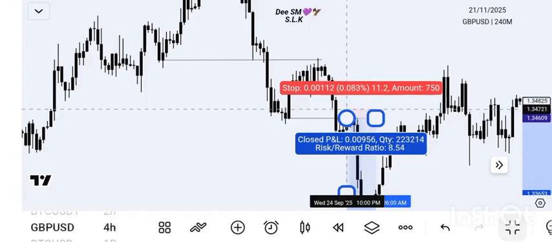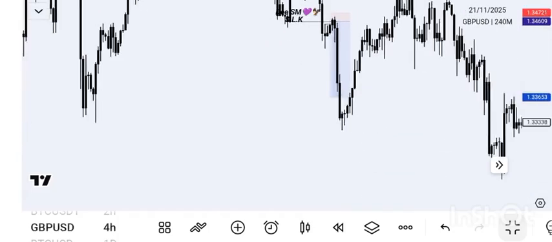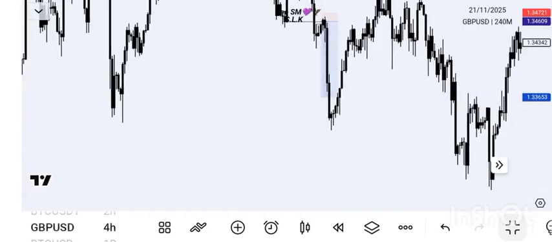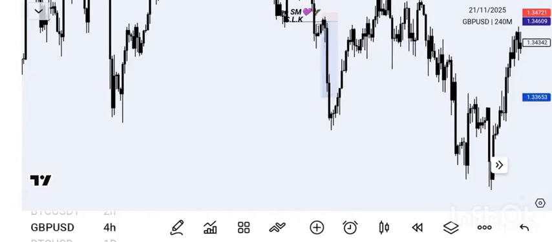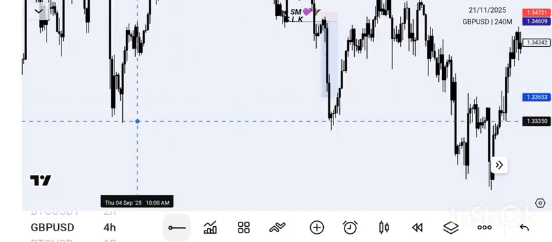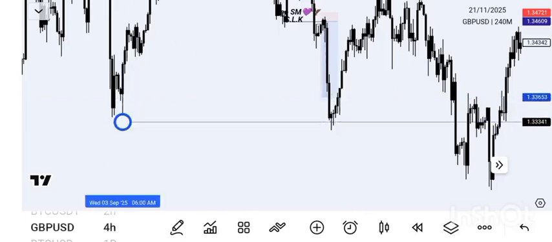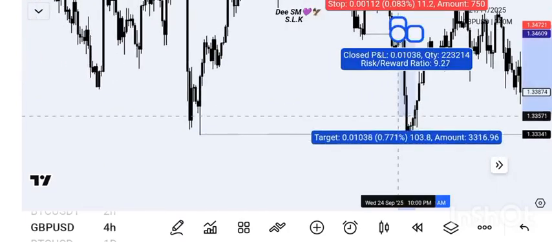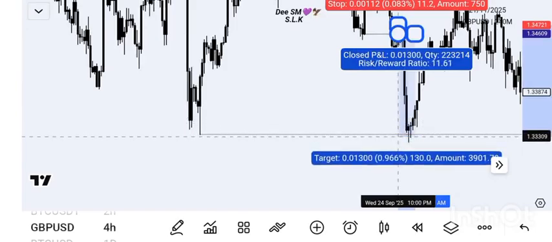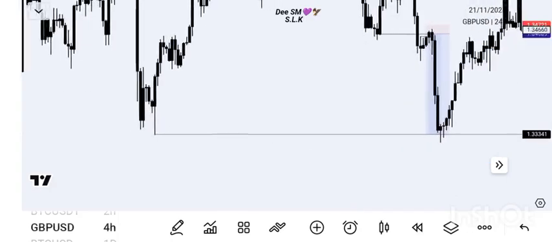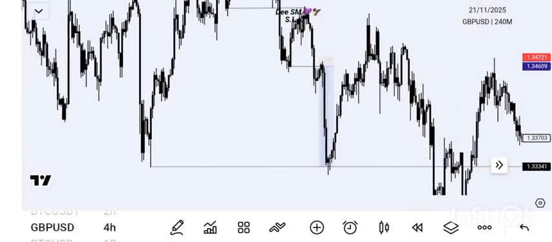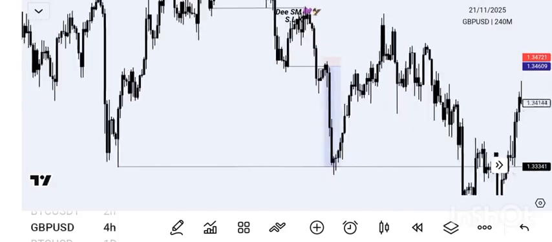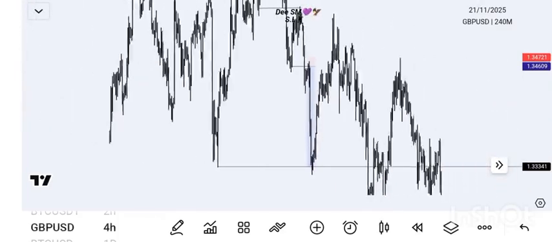So just like this, and then our target will be this external range liquidity, EROL, because price attacks liquidity, right? So this is how the trade would have gone. It will be an amazing trade, and then price just continues like that.